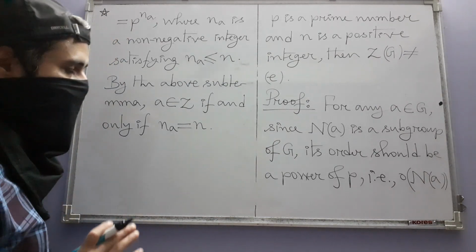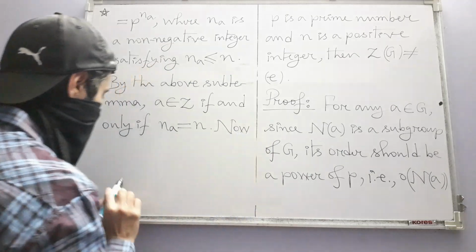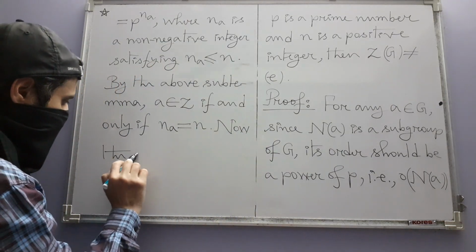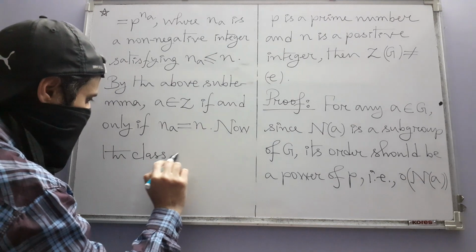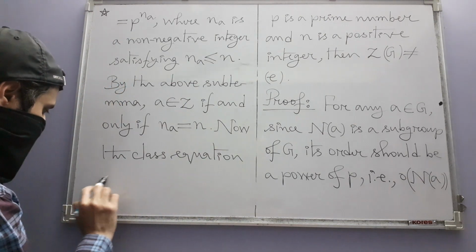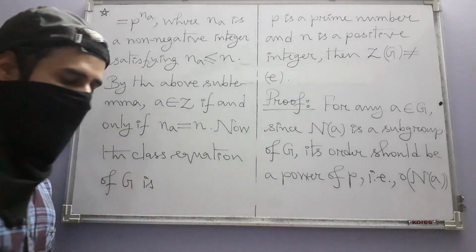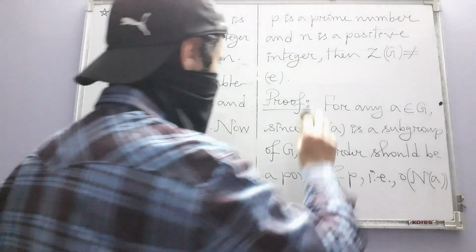Now we are going to write the class equation. Now the class equation of G is, we will need some space, so let me do it there.